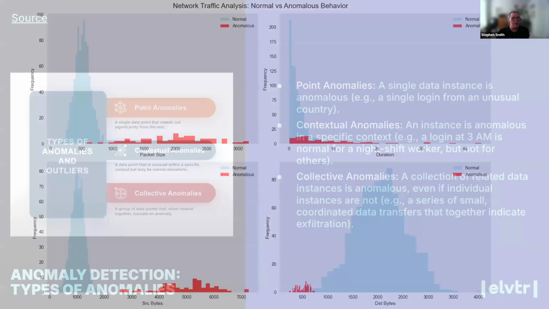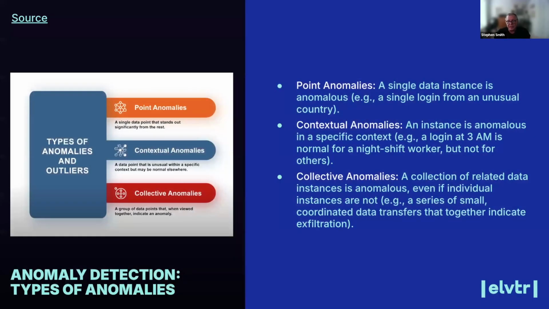Okay, so what types of anomalies are there, right? There are three buckets, according to some. I'm sure you could find somebody that has more buckets or fewer buckets. And the way I think about it is this. You have a point anomaly. A point anomaly is something that sticks out, right?